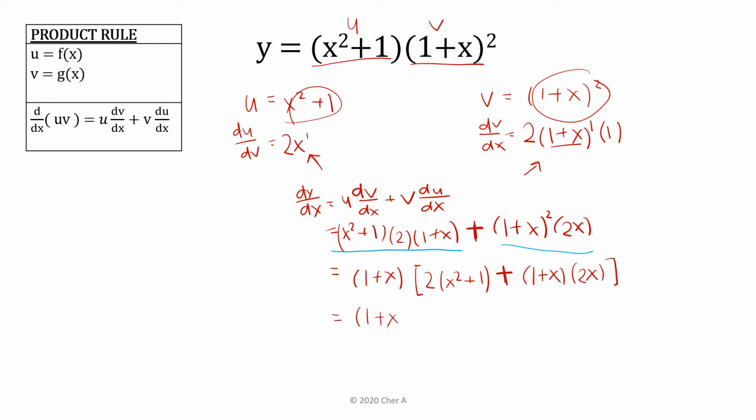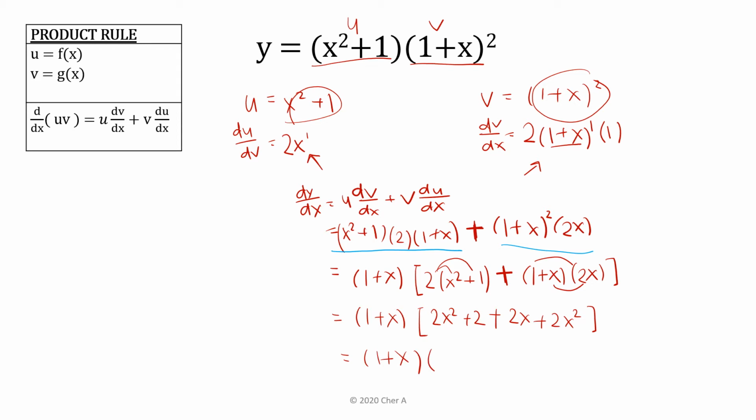So simplifying this, I'll be left with 2x squared plus 2. I'm expanding this here, plus 2x plus 2x squared. So I'll simplify it some more.